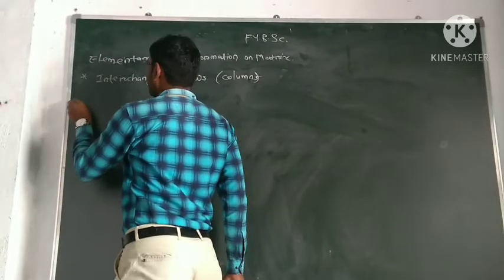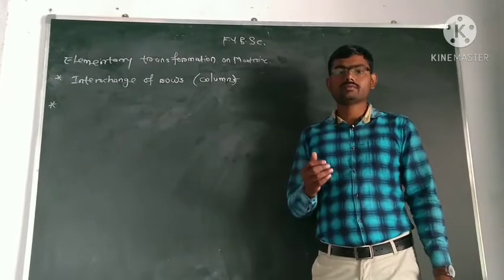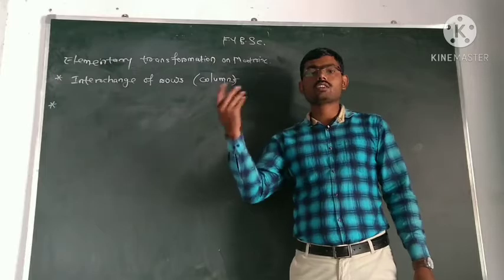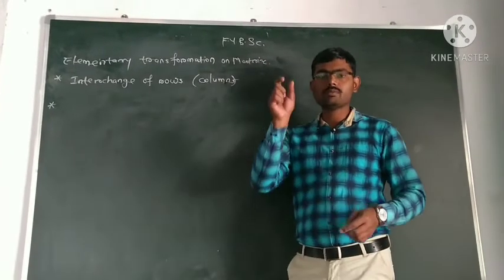Another elementary transformation is multiplying some row by a constant or a real number, or multiplying some column by some constant.